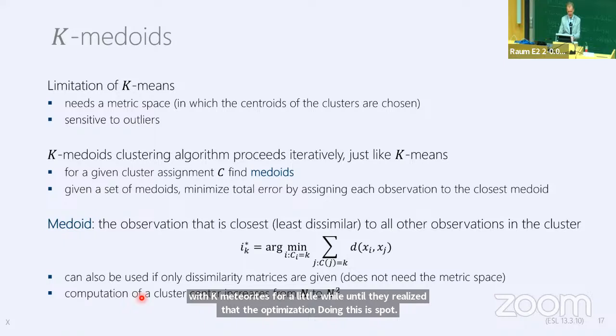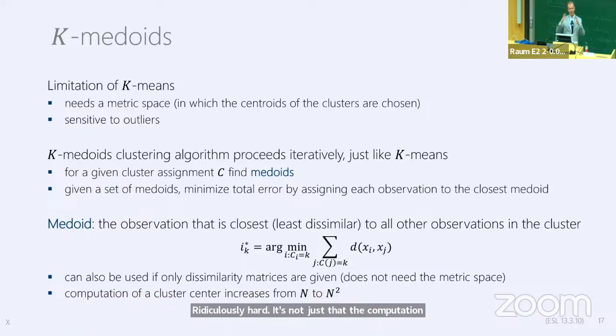It's not just that the computation goes from linear to squared. The entire assignment problem becomes NP hard if you want to do this properly. So in practice, k-medioids you kind of want to avoid. But if you really need cluster representatives that are actual data points, there you are.